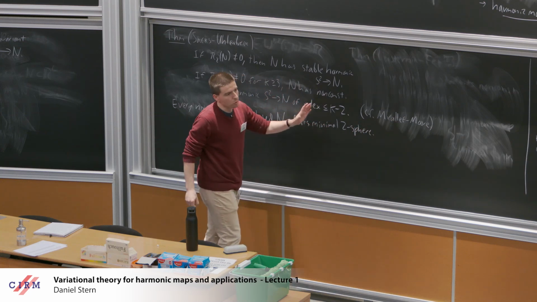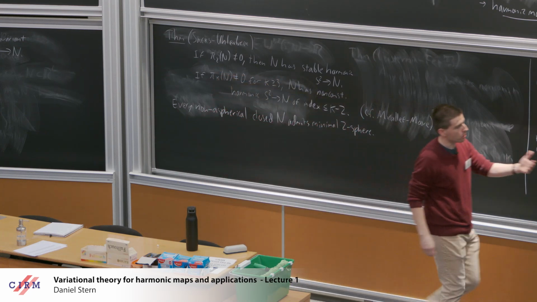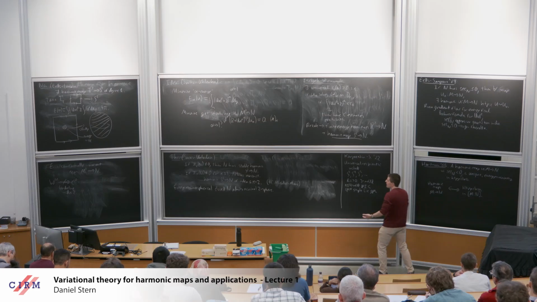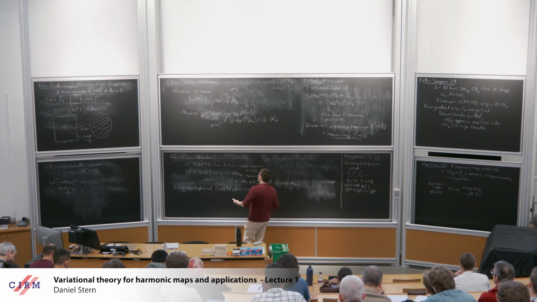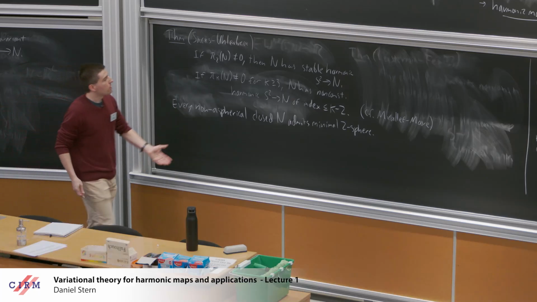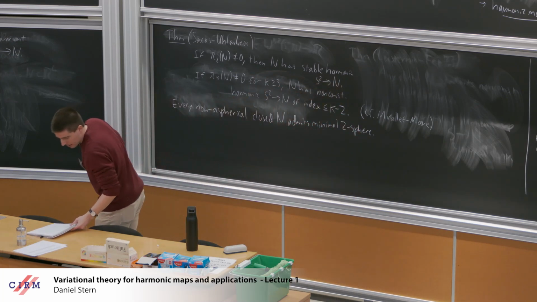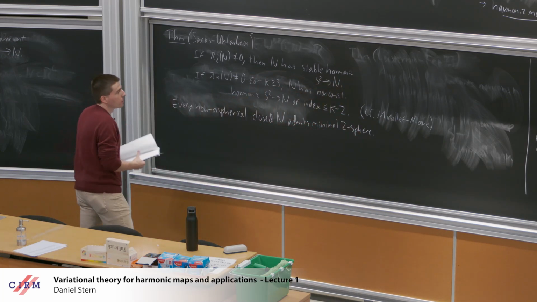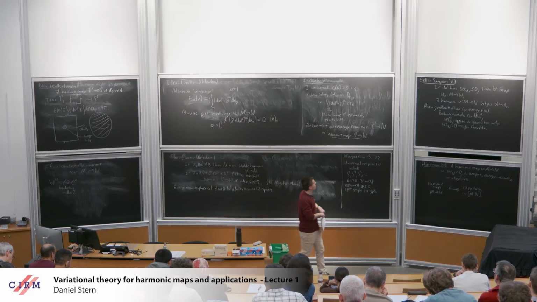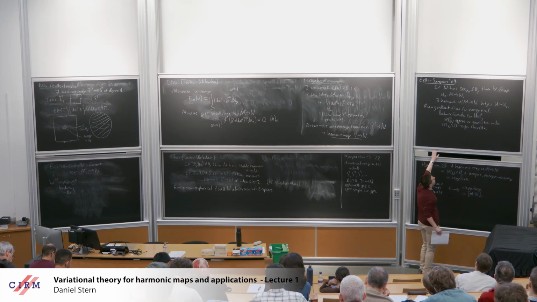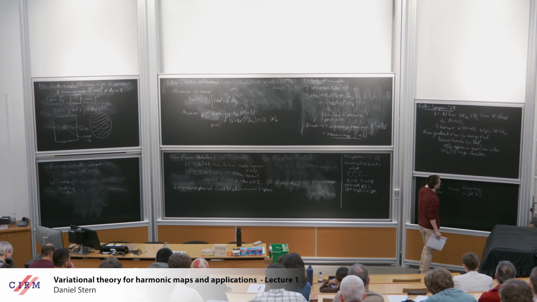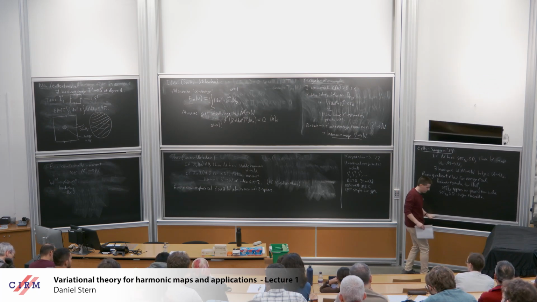Good news from the perspective of existence theory for minimal two-spheres. On the other hand, this is going to be bad news if you're trying to produce harmonic maps from things other than the two-sphere and see these coming up via energy concentration. So this is good news for minimal two-spheres, potentially bad news for harmonic maps from other targets.